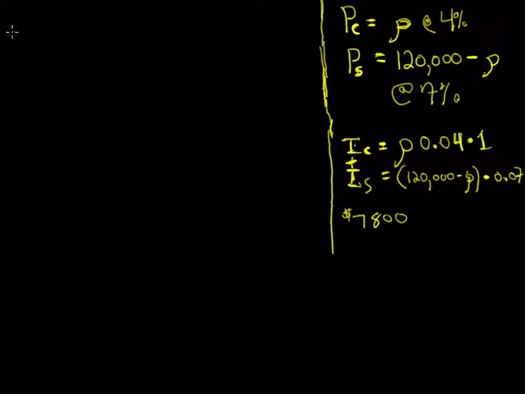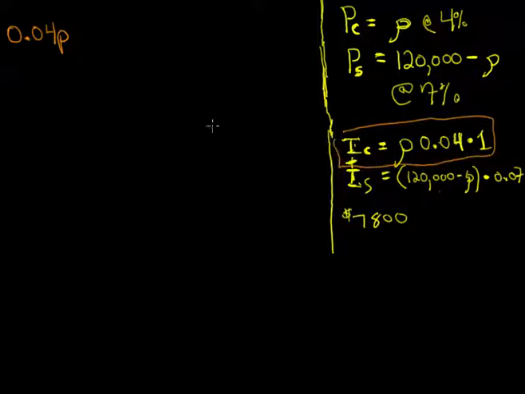Now I want to pull all my numbers to the front because we like them as coefficients. So 0.04p coming from this interest plus 120,000 minus p, and let's do the same thing. Let's put our percentage out front, so we have coefficients out front. This will look a little tidier.